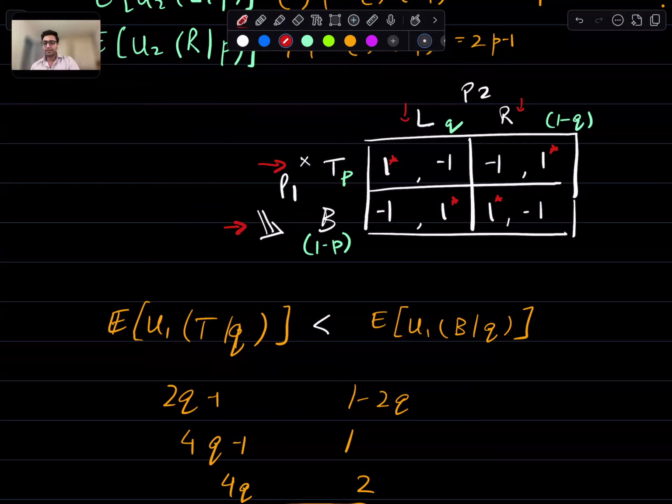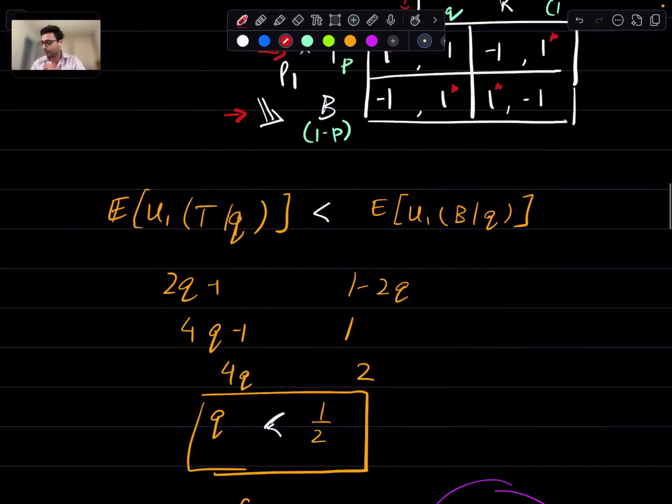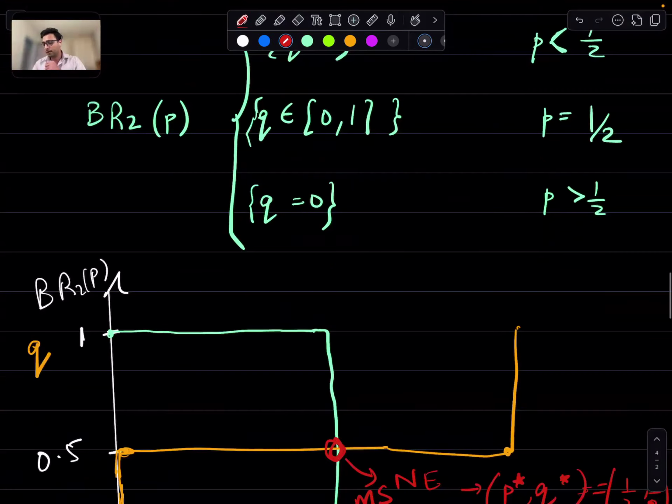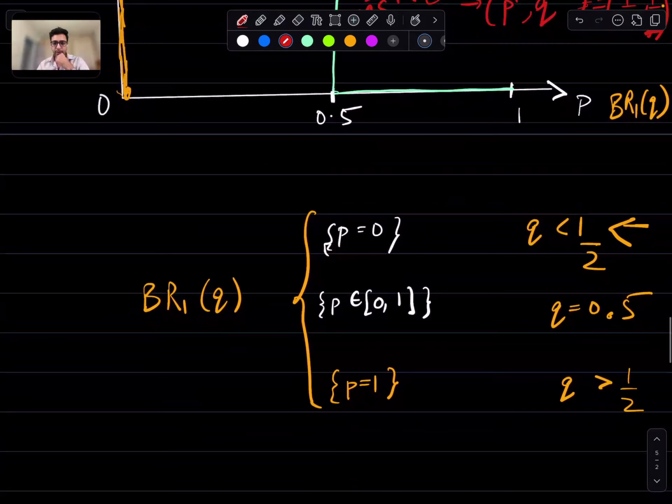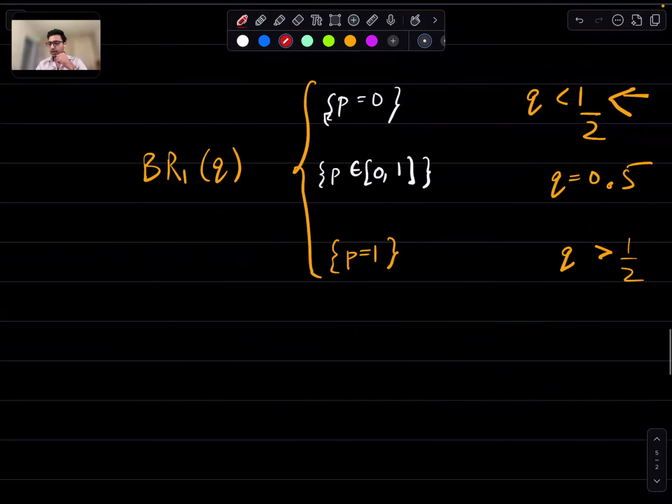There's no cell in which both players are best responding to each other. So you don't have any cell with stars on both numbers, which means that there isn't a pure strategy Nash equilibrium here. Okay. So now we've done another example of a 2x2 game in which we can find all the mixed strategy Nash equilibria.